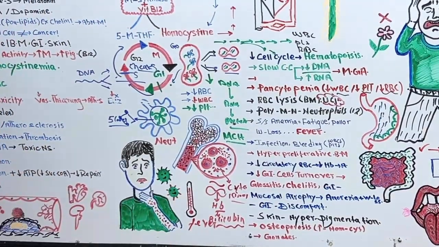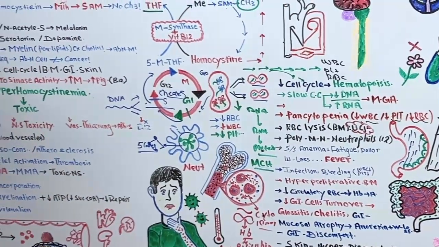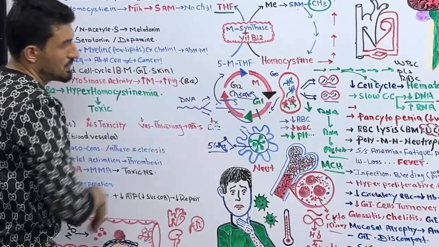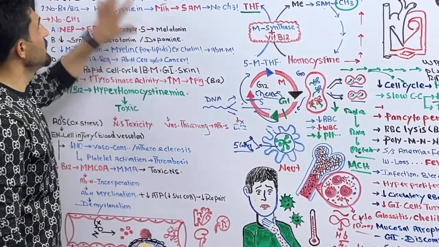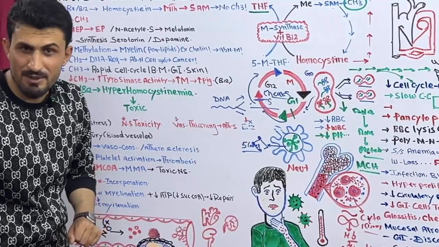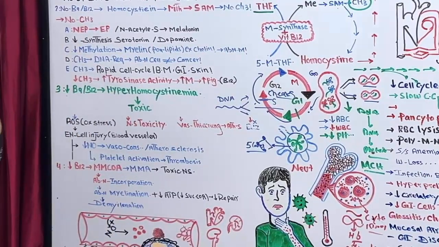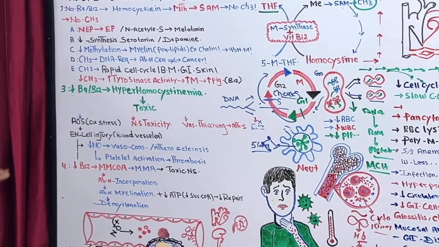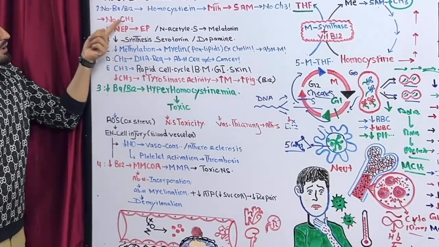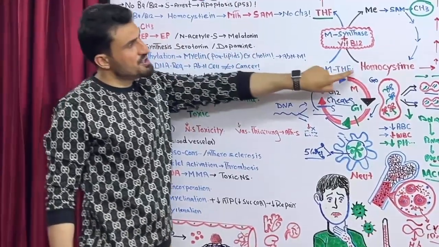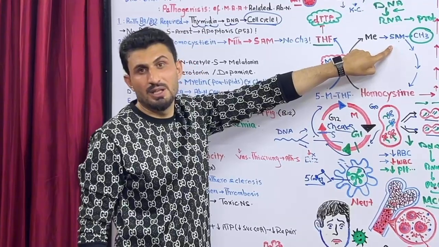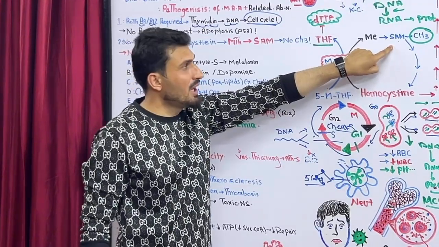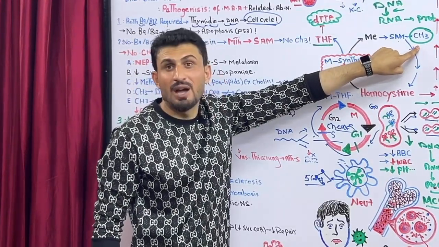Got it? Now let me explain this part, and then I'll go to the neurological problems related to vitamin B9 and vitamin B12 deficiency. Okay, now come here. When we don't convert homocysteine to methionine and methionine to S-adenosylmethionine, it means we cannot provide enough methyl group.